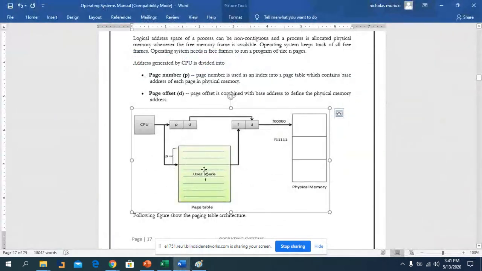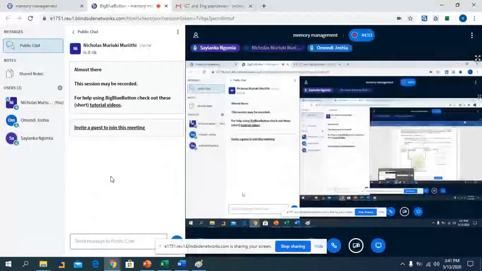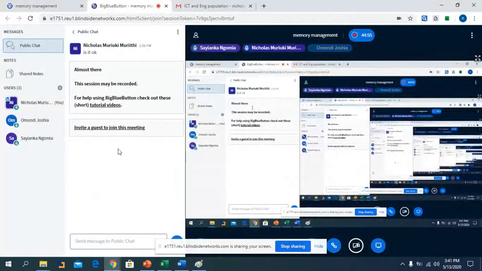So we are moving from pages to the physical memory. If you go inside a page, you'll be able to see what is inside it. Are we getting it? Is that clear? Hope you are understanding what I'm saying.